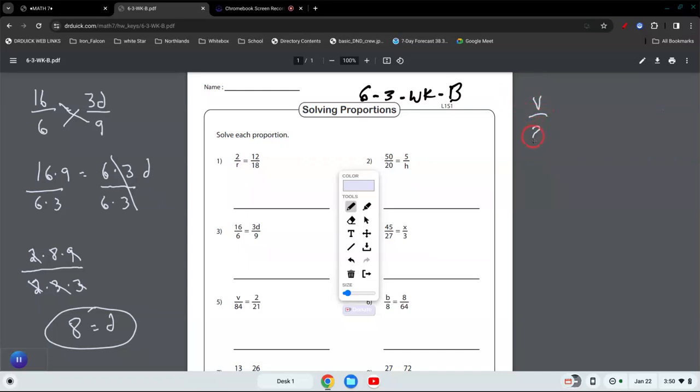v over 84 equals 2 over 21. Cross multiply, this would be 21v equals 84 times 2. This right here, I can make this 3 times 7v equals, this guy right here when broken apart would be 4 times 21 times 2, or 4 times 3 times 7 times 2.